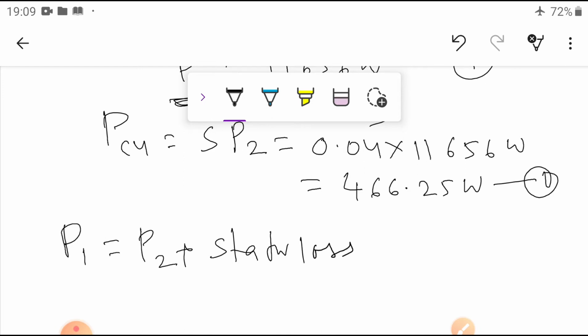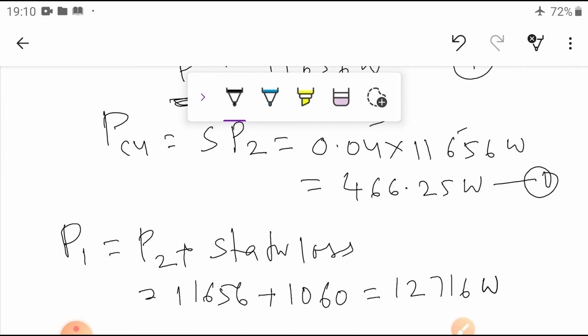P2 we already know, so substitute this value: 11,656 plus the stator copper loss, 1060, is given. So we are going to get nearly 12,716 watts. P1 is known.